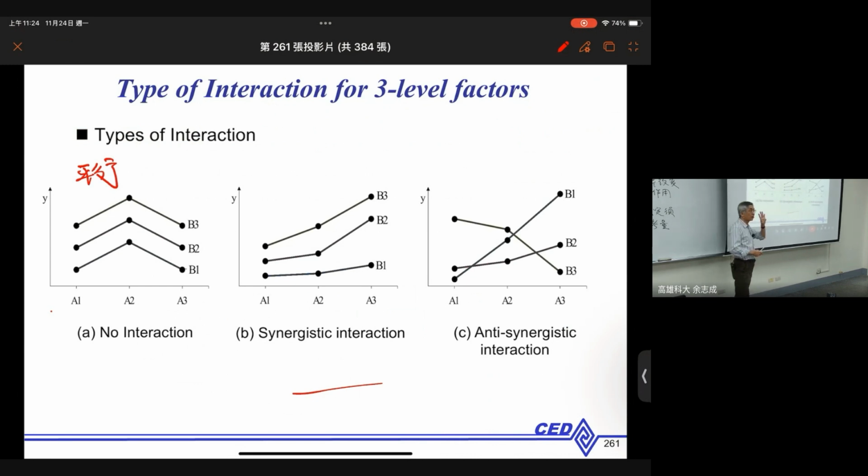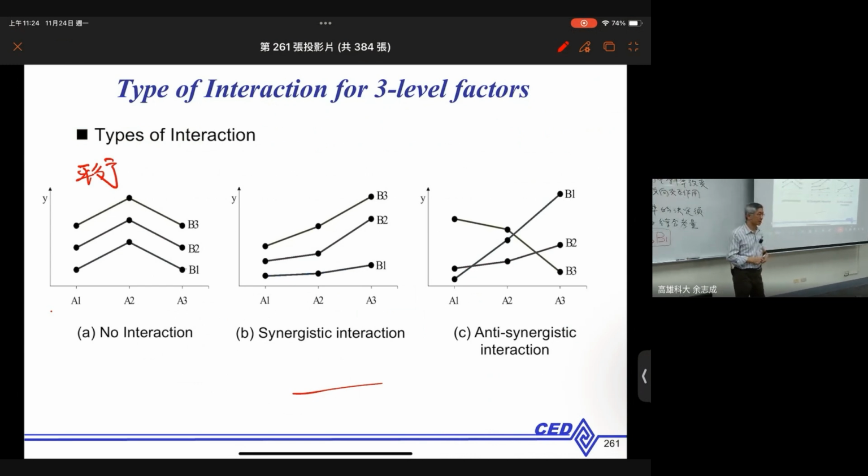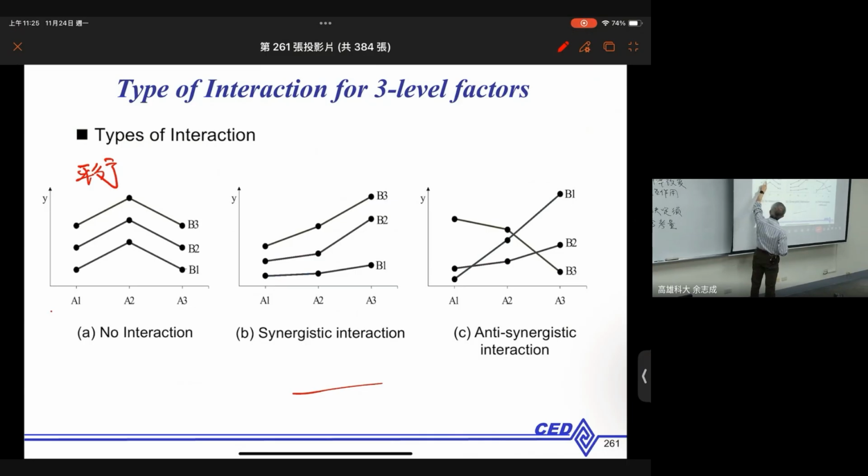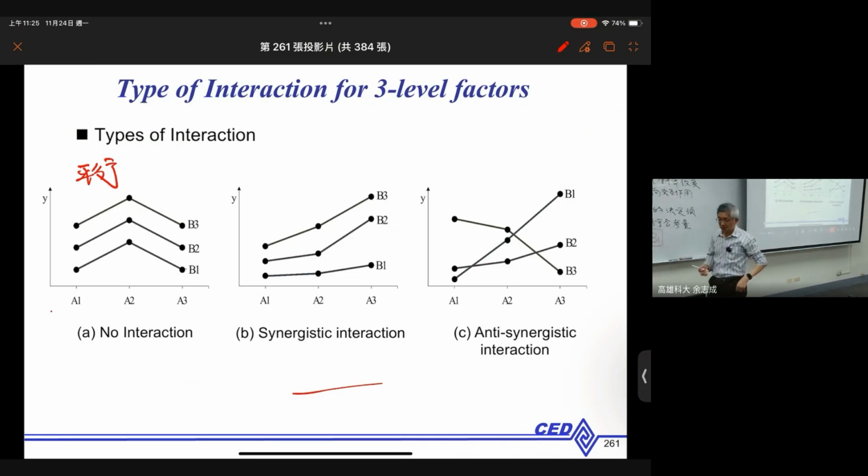Therefore, you need to make 4 comparisons. Some might be confused about why, if you consider this and that, not these 2 lines? Because you can get a conclusion from the previous 2 comparisons. We will talk about that later, all right?